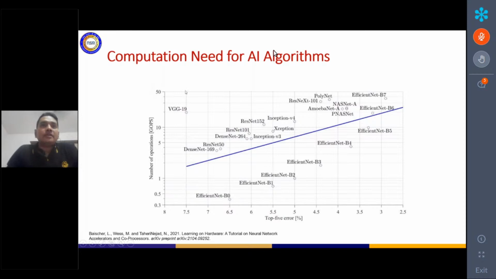This graph shows a very summarized way of representing these algorithms in terms of their computational complexity, right? If you see, the x-axis in this graph represents the top 5 error. Now, what is top 5 error?